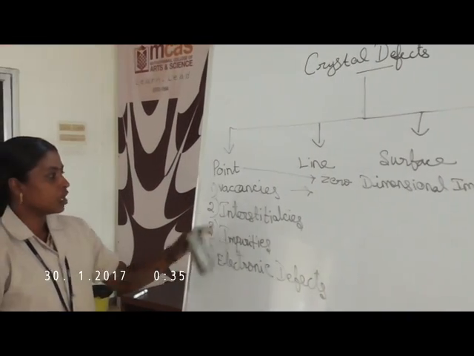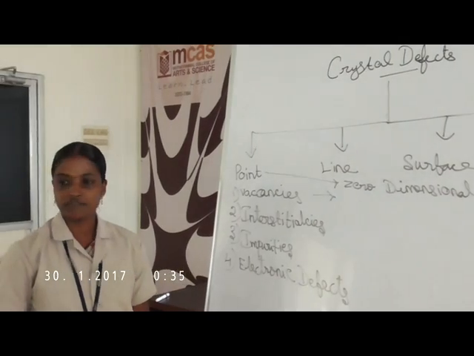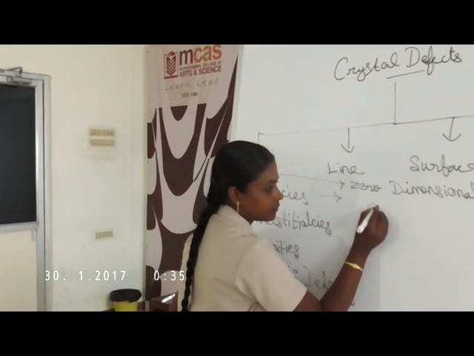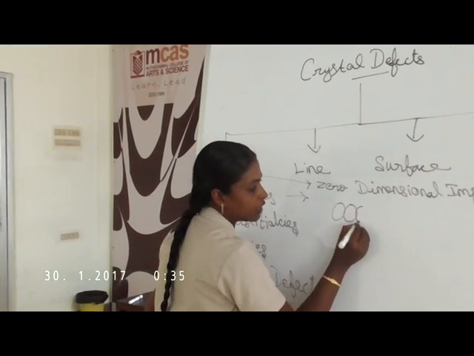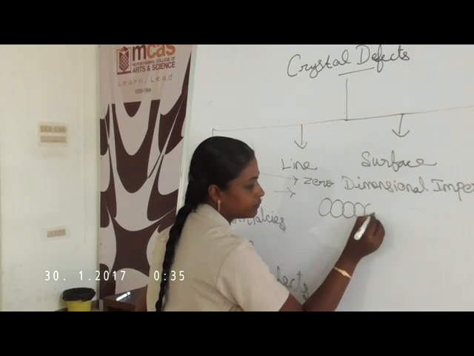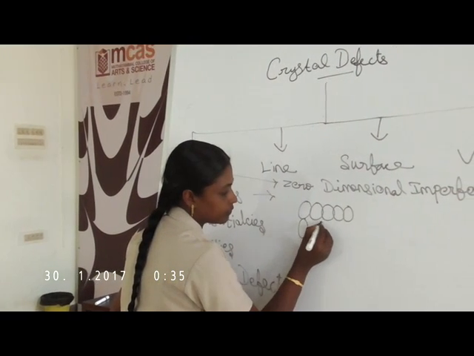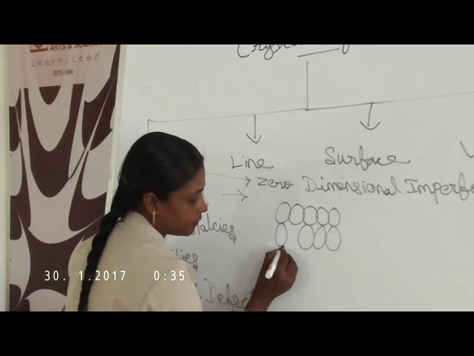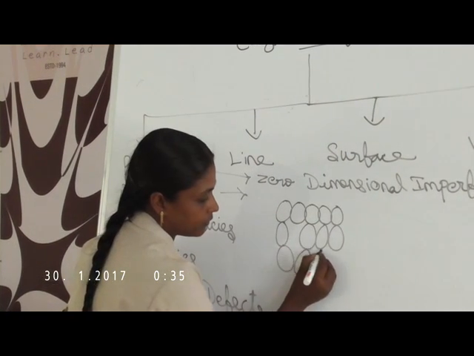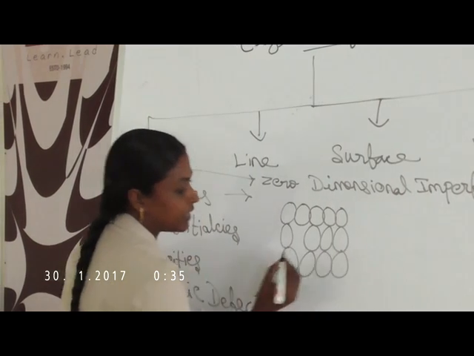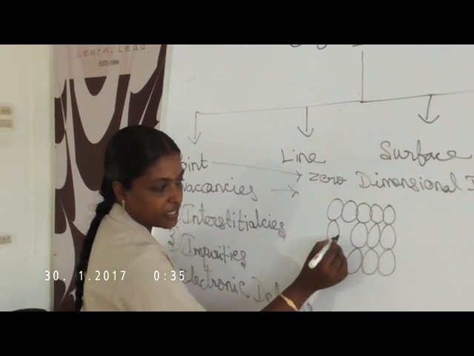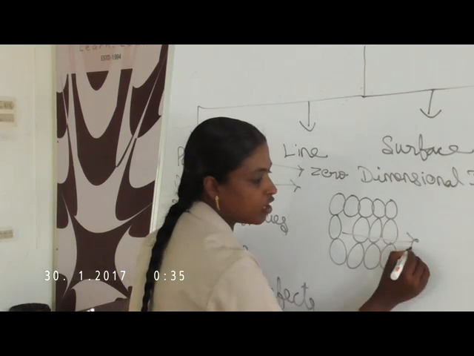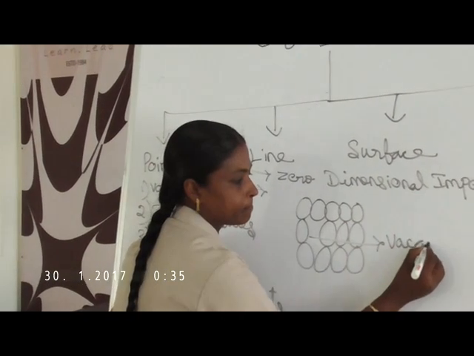In that, the empty atom site is called a vacancy. This is the atom present in the crystal. Here, there is a vacancy present in this place. This is called a vacancy.